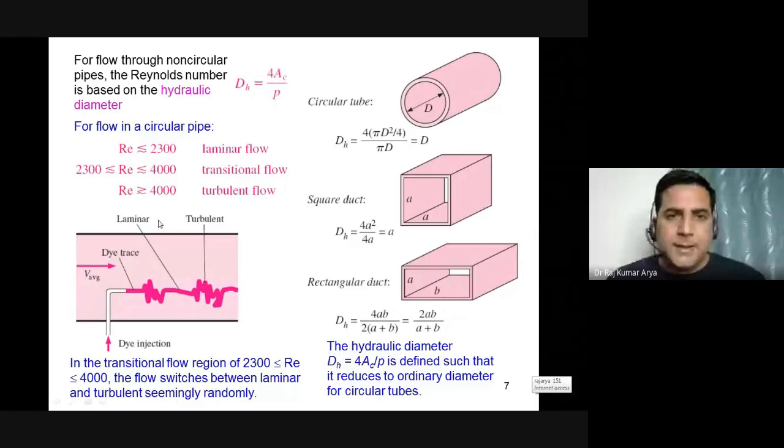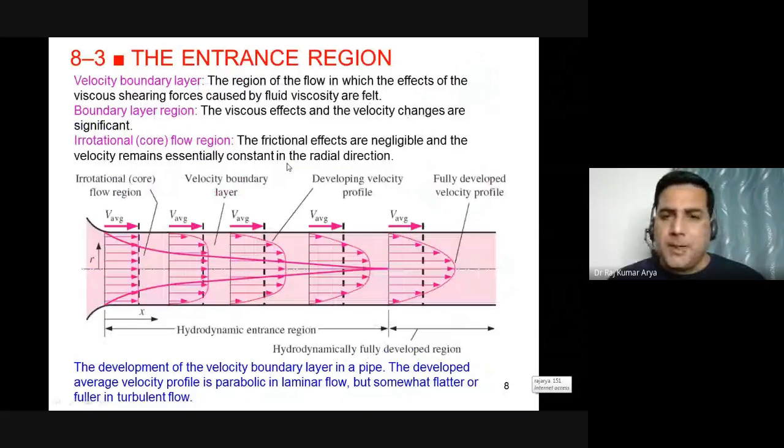Now, this part we already discussed actually, I am going to explain again. Once your flow is entering the pipe, let's say you are somewhere far away, so the flow is free from all confinement, there are no surfaces or anything. So you will have a flat velocity profile, just like this. This is just outside of the pipe.